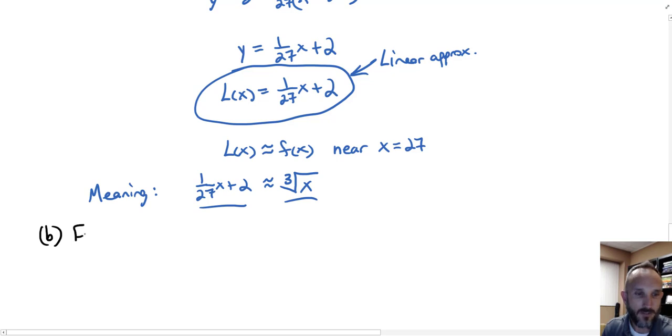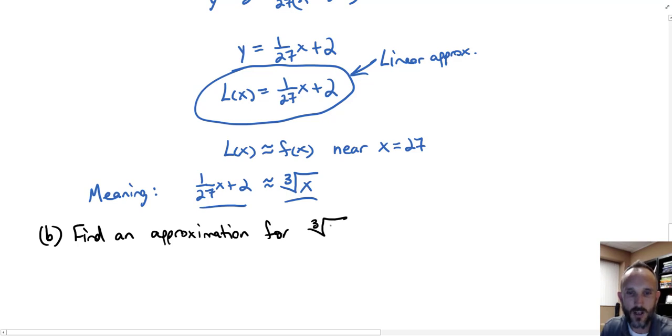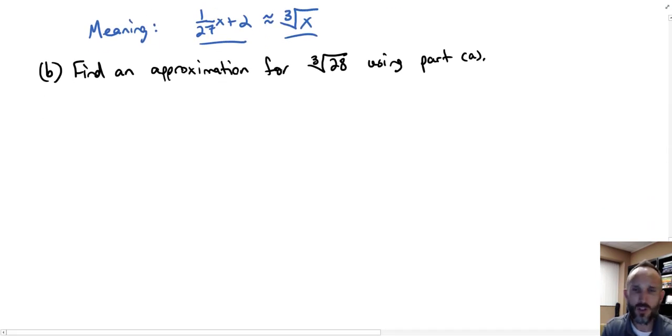So now what I want to do is find an approximation for, let's say, the cube root of 28 using part A. In part A, we learned that the cube root of an x value is approximately equal to 1/27 times that x value plus 2, as long as the x value is near x equals 27.